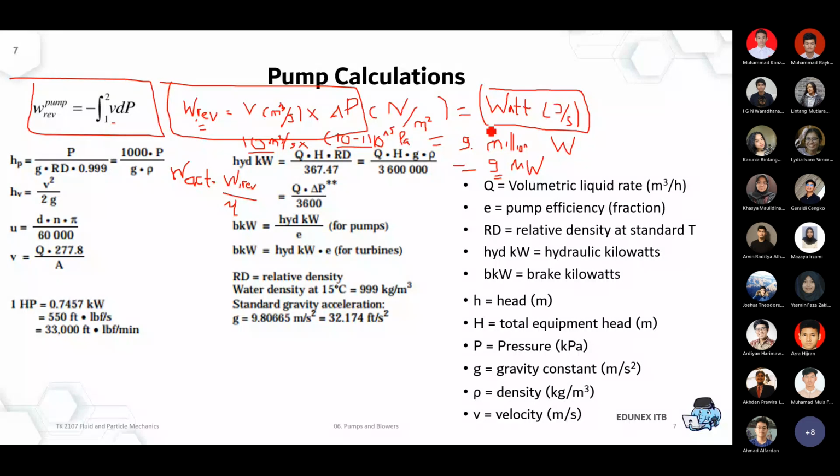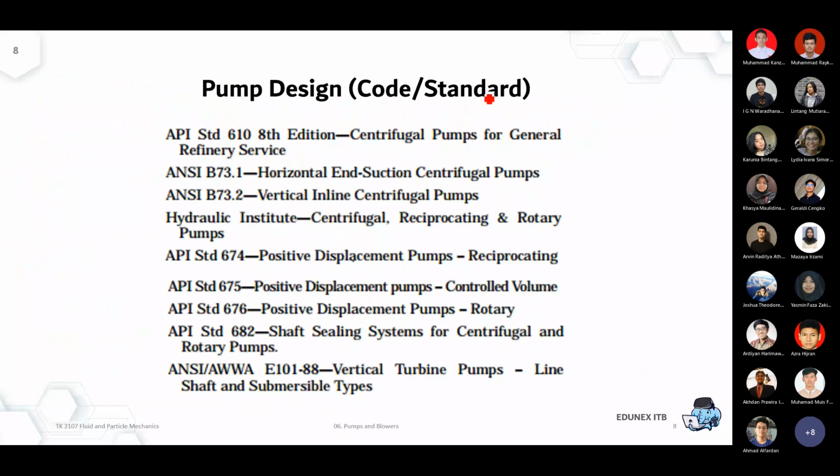So pump design is multidiscipline work. Obviously chemical engineers will work in this field, because in all of the processing facilities, we are the ones who make decisions about the pressure requirement in almost all of the main equipment.